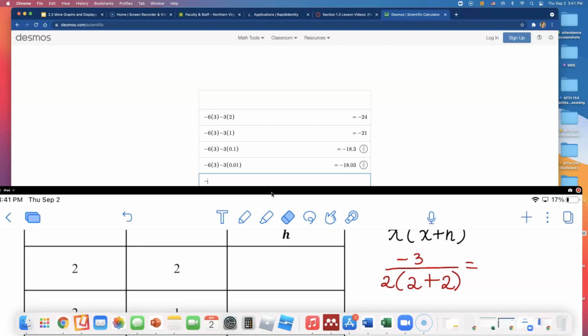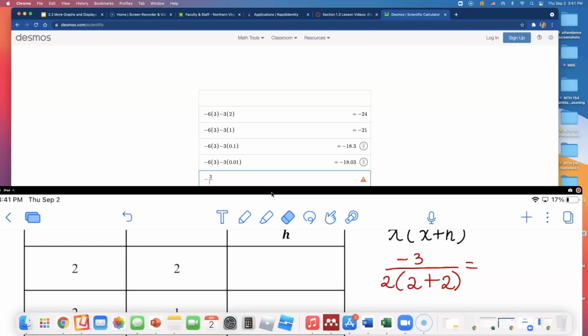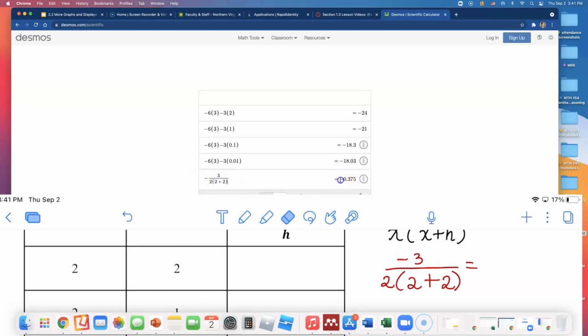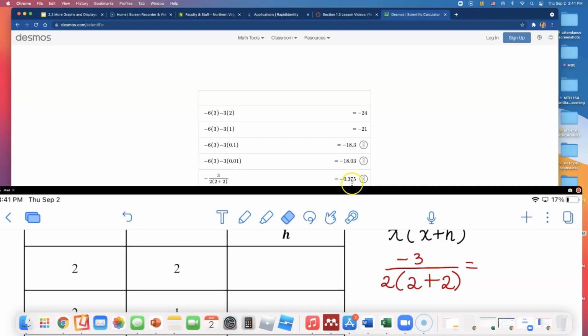If it's a decimal, it's easier to see what the numbers are approaching. So I'm just going to go ahead and type this in. And that came out to be, oh, yeah, that's good. Negative 0.375. So that's the first answer.